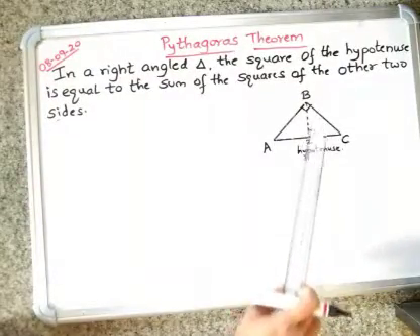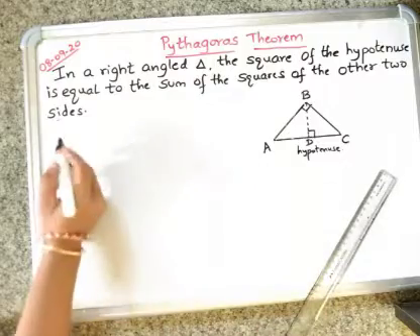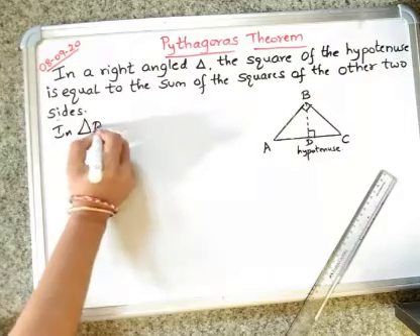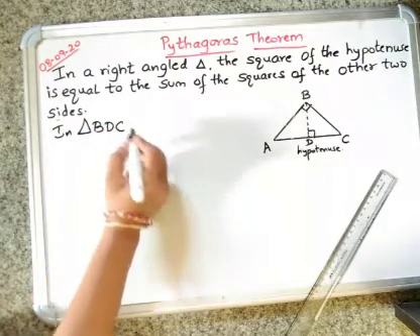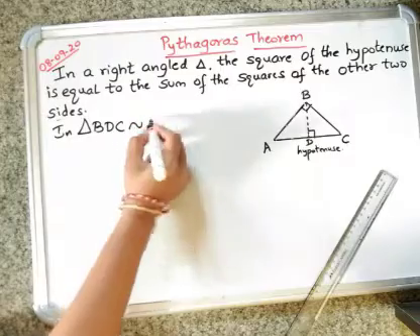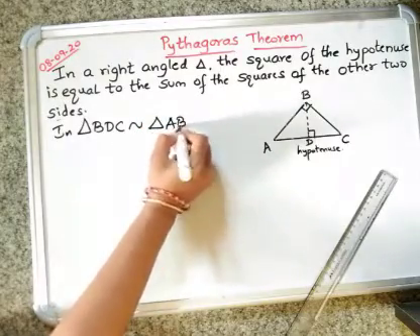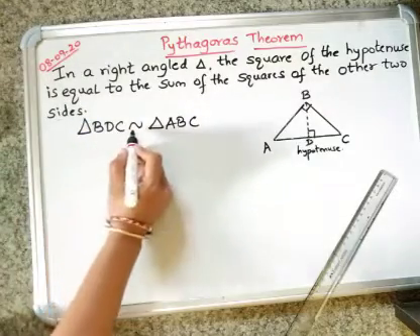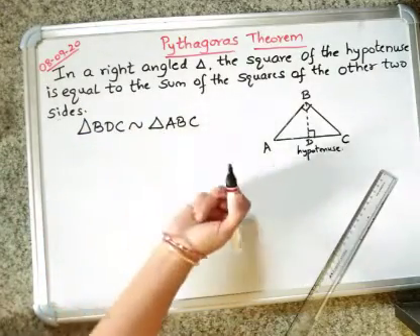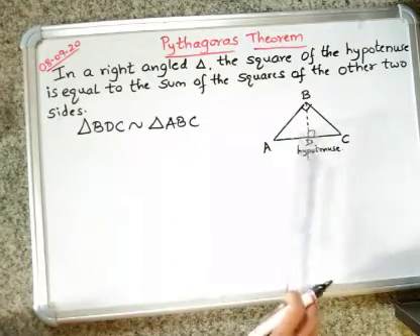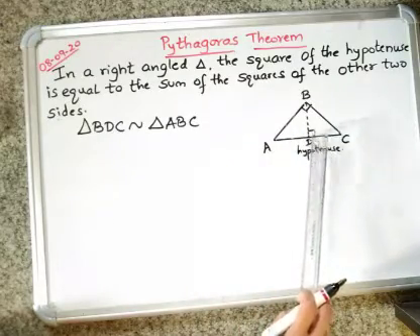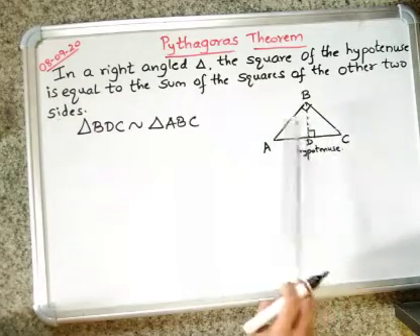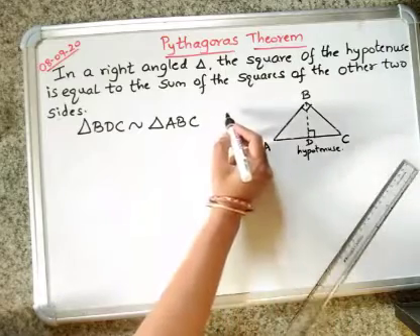Next I am going to take another set of triangles, that is BDC. Triangle BDC is also similar to triangle ABC. Why is it similar? Again it is the same reason. D is 90 degrees here, B is 90 degrees. And C is common in both, yes or no? That is why both are similar triangles.